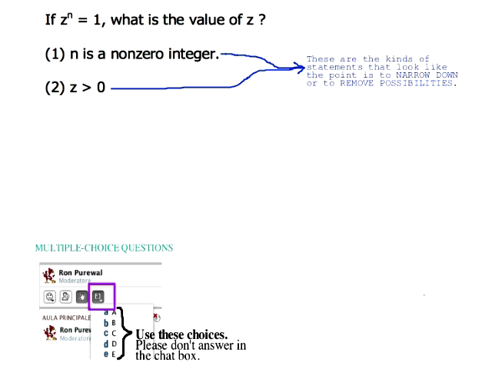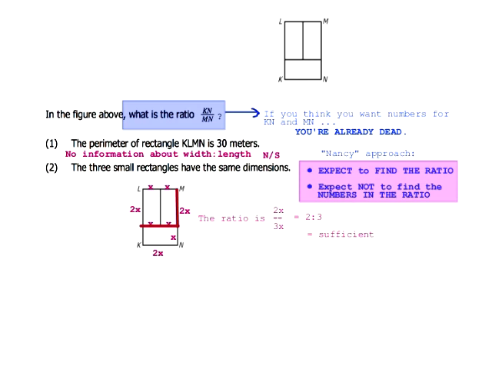It's different from something like, the 3 small rectangles have the same dimensions. This is not removing possibilities.